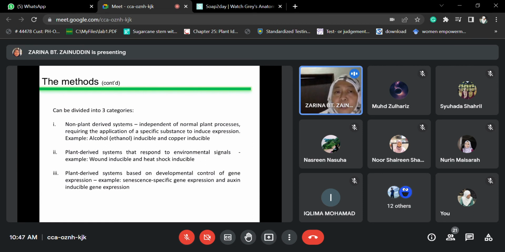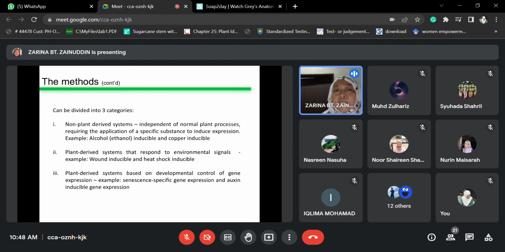The first one is non-plant derived system, where you induce this promoter by exposing the transformed plant to a certain chemical. For example, you expose the plant to alcohol. You can induce the promoter to be active by exposing to copper. So this is what we call as non-plant derived system.